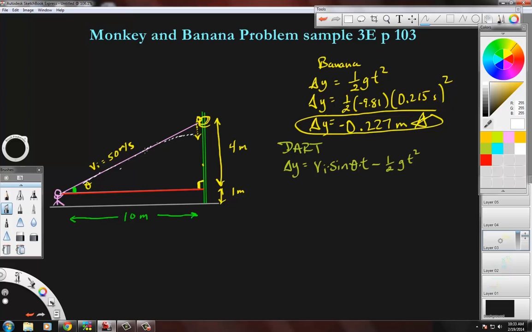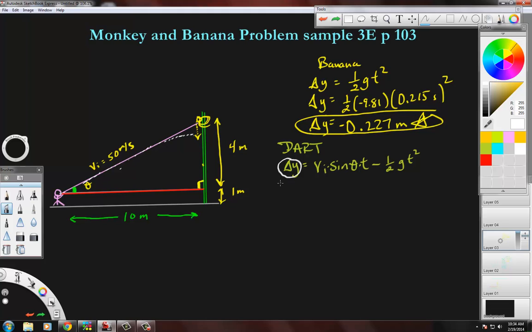So how far it's going to fall down depends on the speed and other things. Well, this formula tells you the vertical position of the dart over that time interval. It's going to take where it should be and also subtract the falling part. Now you can see that this right here is going to be the same as this answer.